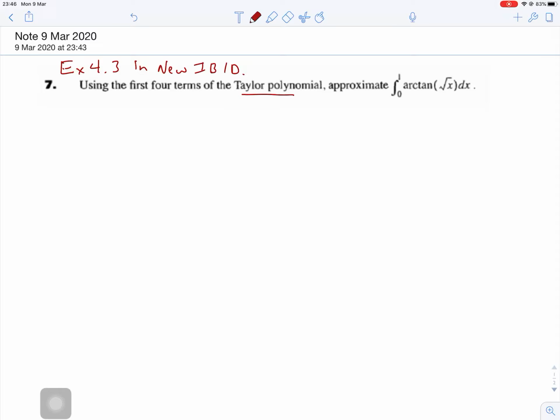So in order to answer this question, the first thing we need to know or remember is that the arctan x has a Maclaurin series expansion that looks something like x minus x cubed over 3 plus x to the 5 over 5 minus x to the 7 over 7.